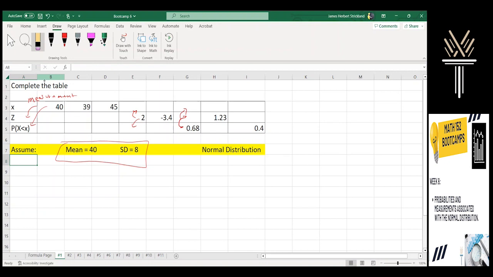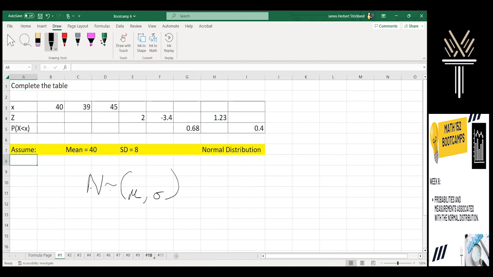Now, there is a formal way that we like to write distributions, especially normal ones, and that is capital N for normal. This little line, which means distribution, so normal distribution, this wiggly line next to the keyboard, or you can find it next to 1. And then in the parentheses, we always put the mean first, and then the standard deviation.